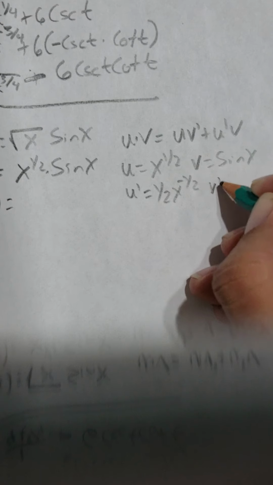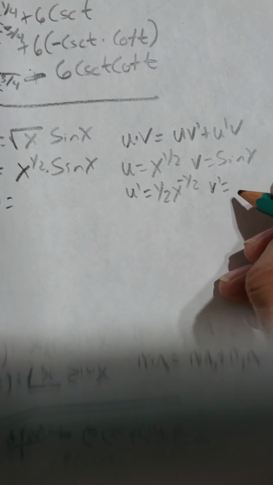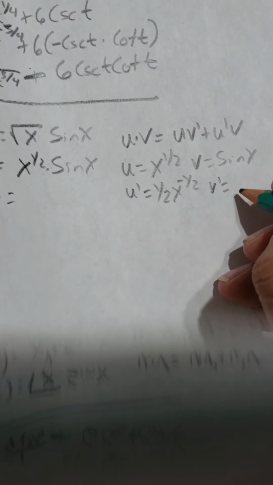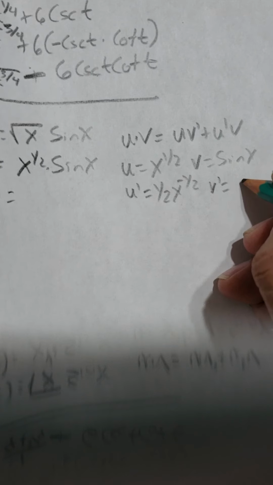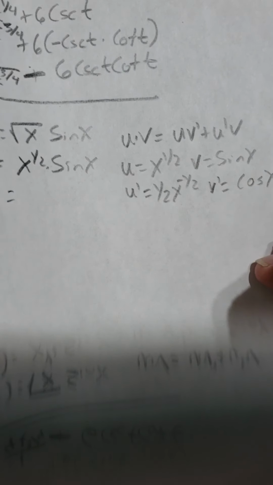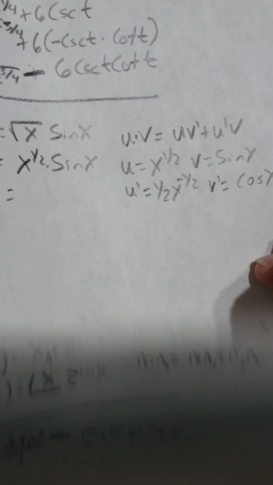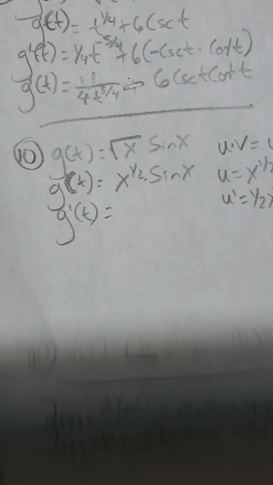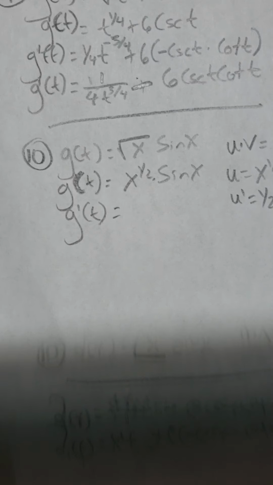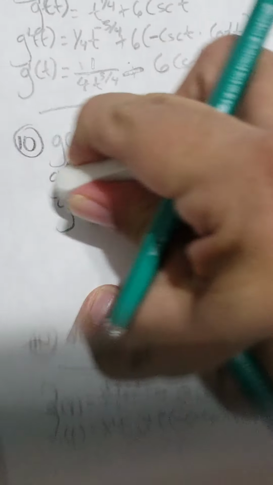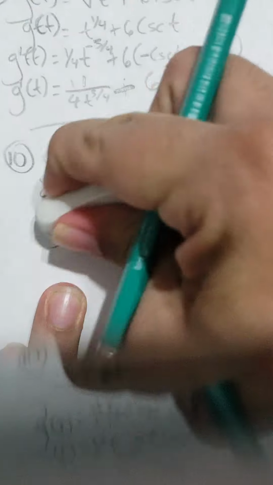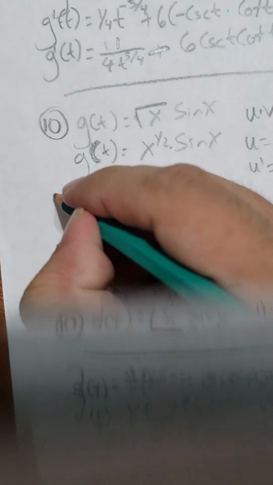What is v prime? Well, we have to look for the rules, and the derivative of sine is cosine of x. Now, we already have the parts. Let's organize the derivative using the product rule.